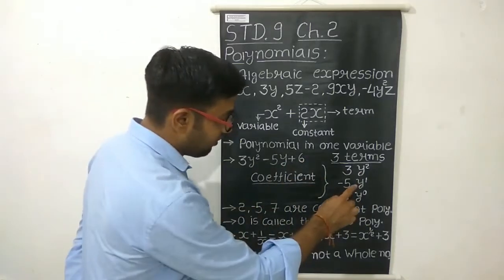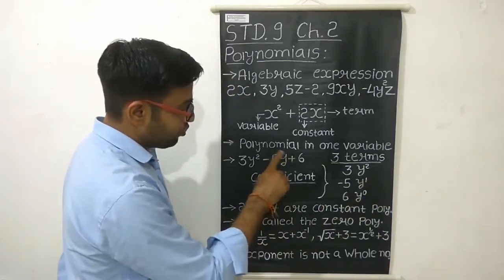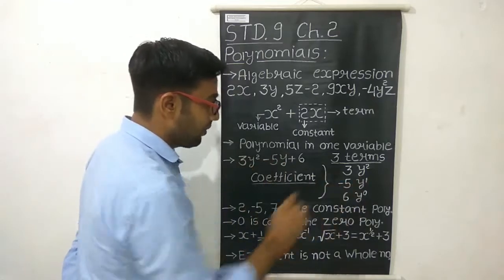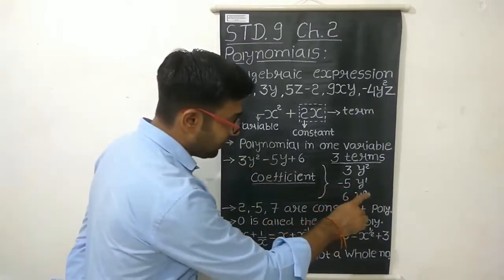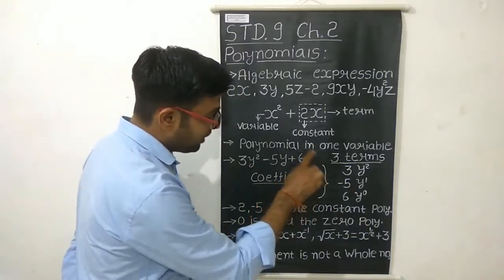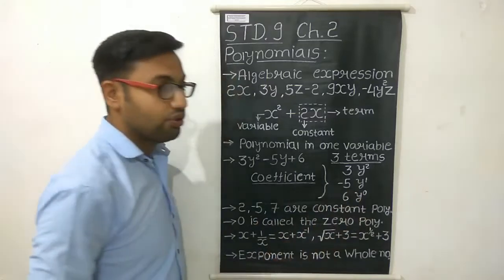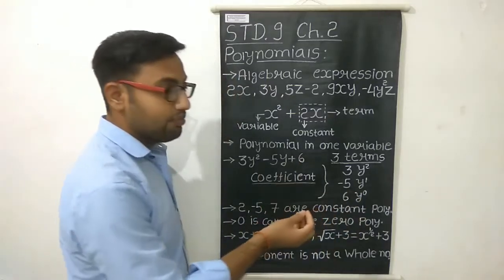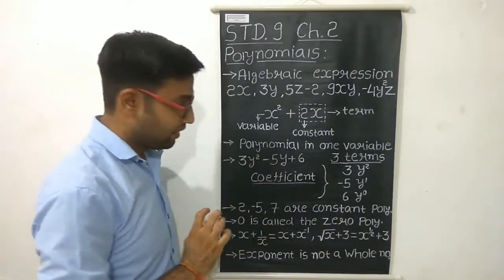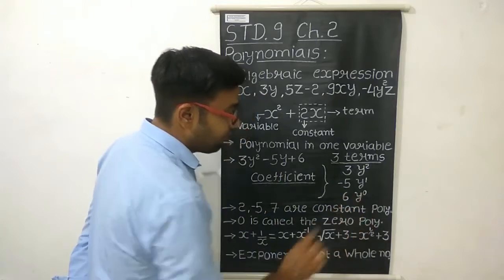You may wonder why I have written here y raised to power 1. If there is no power on the variable, then we can consider it as power 1. Here also I have written y raised to power 0, because there is no variable here. We can write it in the form of y raised to power 0, because any number or variable raised to power 0 is equal to 1. So we can write it as 6 multiplied by y raised to power 0.